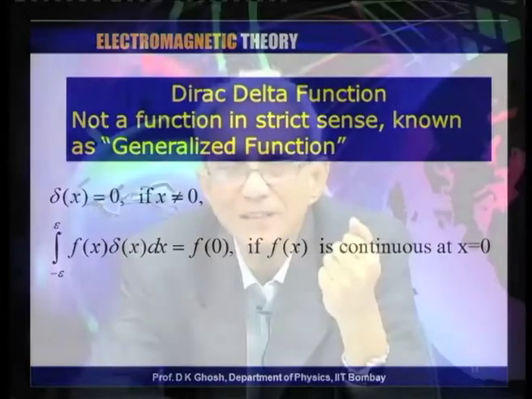We are all familiar with Riemann integration. Now, if I have a function which is 0 everywhere excepting at a point, no matter what might be the value of the function at that point, the integral of f x is essentially the area of the curve below that point.